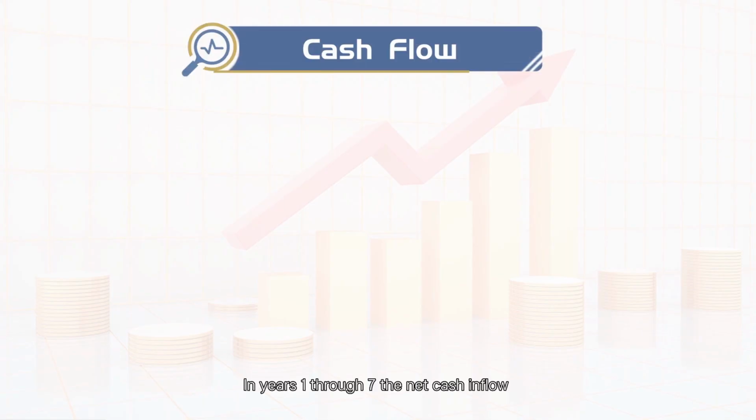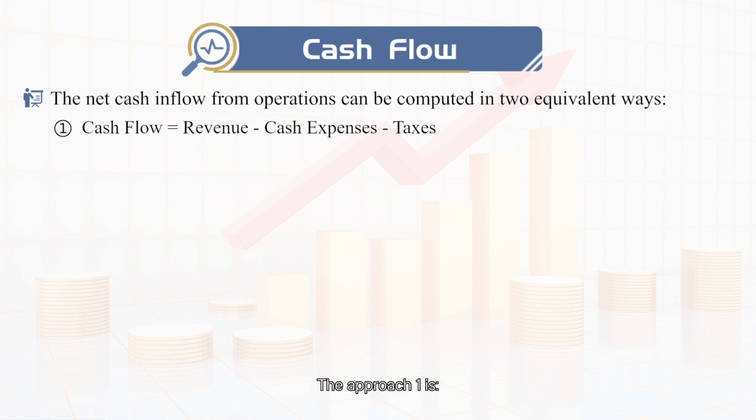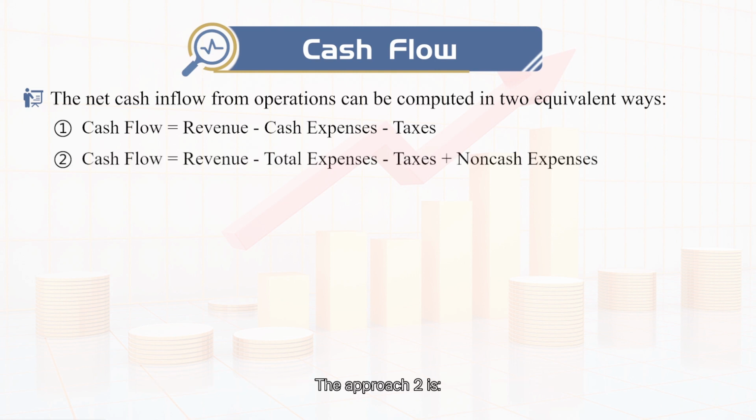In years 1 through 7, the net cash inflow from operations can be computed in 2 equivalent ways. Approach 1: cash flow is equal to revenue minus cash expenses minus taxes. Approach 2: cash flow is equal to revenue minus total expenses minus taxes plus non-cash expenses.